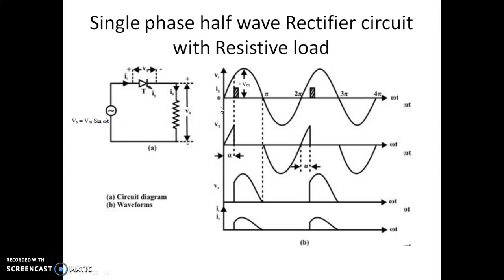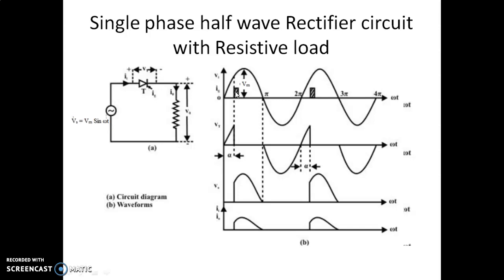The thyristor is triggered at an angle alpha in the positive half cycle, because, since it is a rectifier, a forward biasing will appear across the rectifier only during the positive half cycle.